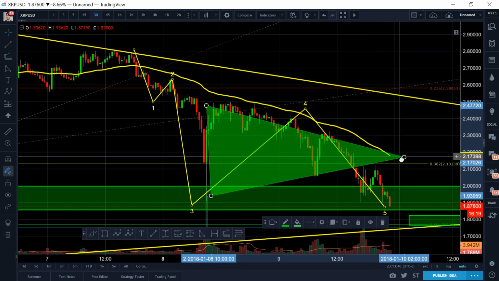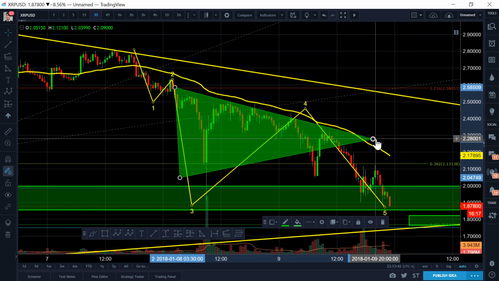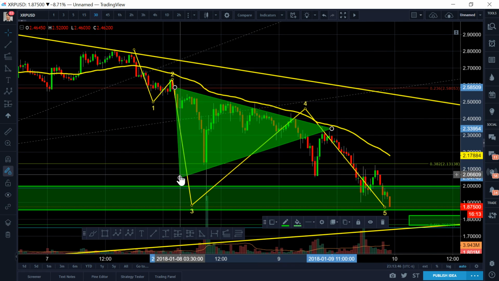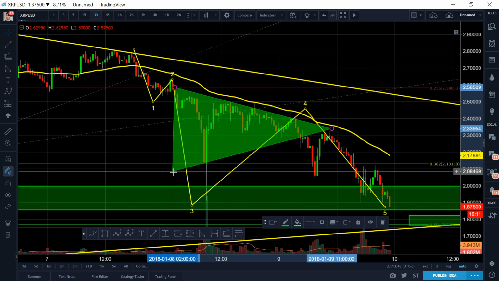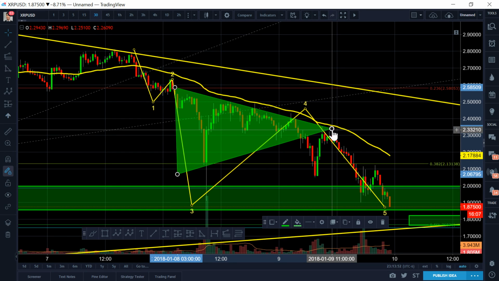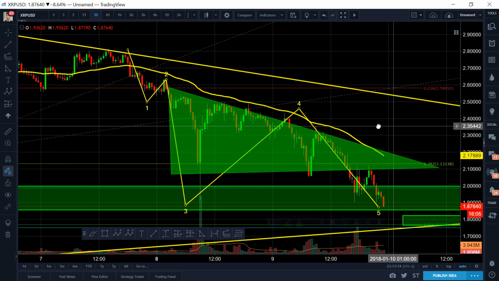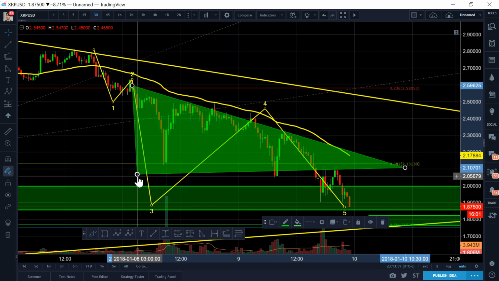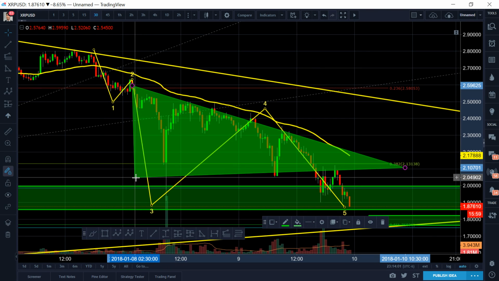Sorry about that, guys. It was on this, I highlighted right here, thinking it was this triangle, but it's actually this entire big triangle over here. That's the A, B, C, D, and E for wave 4. There we go. That looks a lot better.